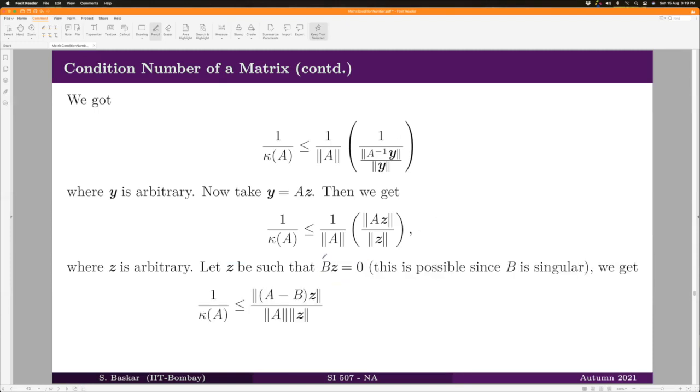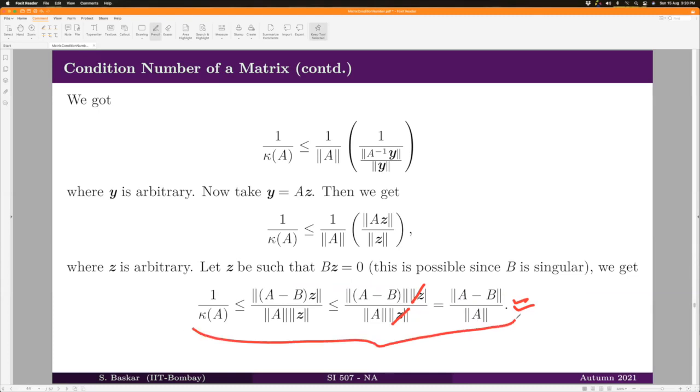Now, since BZ is 0, I can always write the numerator of the right-hand side of the above inequality like this. And now I can use our well-known result, norm AX is less than or equal to norm A into norm X, that I will be using here to get this step, and the denominator is kept as it is. So Z gets cancelled, and we have norm A minus B divided by norm A. And this is precisely what we want to show.